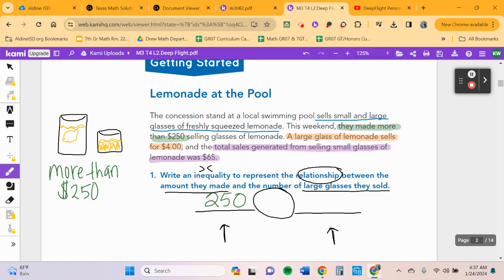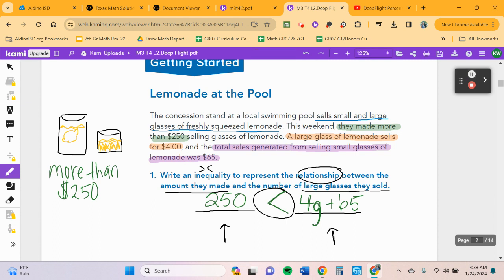Being that they sold more than 250, I know 250 is the smaller number, so 250 is less than what they sold. A large glass of lemonade was $4, so I could write that as 4 times G for the glasses. And then they also made part of that money from selling $65 worth of small glasses of lemonade. And there is our inequality.